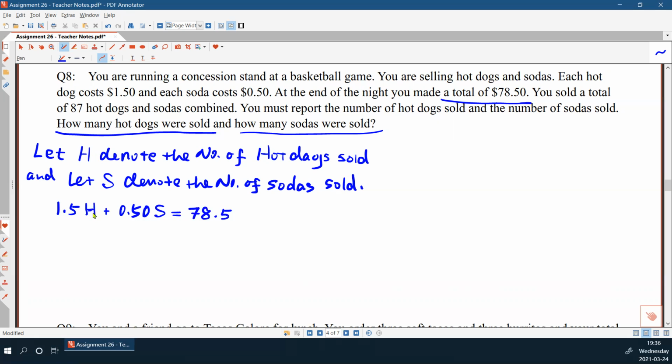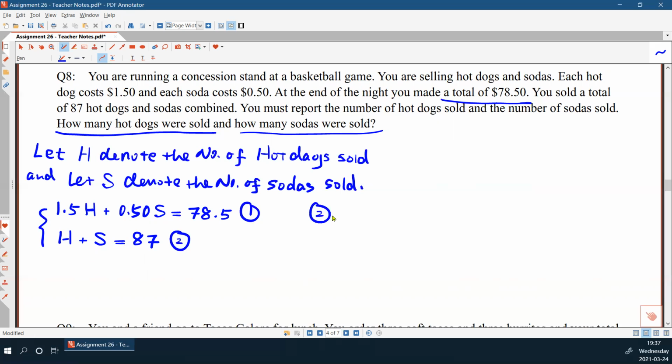So this is the first piece of information. How about the second piece? Second piece of information is sold a total of 87 hot dogs and sodas combined, right? So that means H and S combined is 87, right? Okay, so here we have two variables and two equations. You should be able to solve both of them, right? Okay, so let's say this is number 1 and this is number 2.